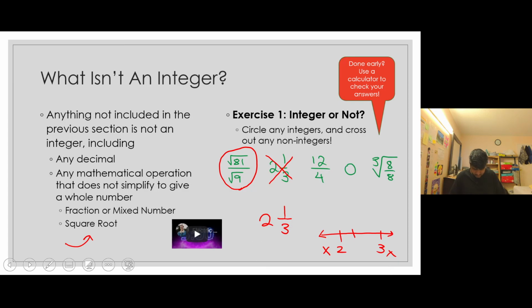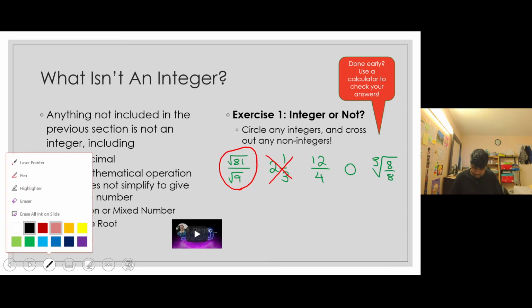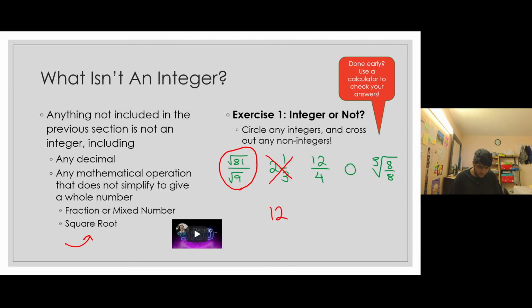Let's go ahead and grab our eraser here. Okay, and let's continue. Right, we have 12 over 4. In this case, again, we can simplify. We know that this fraction line also means division.